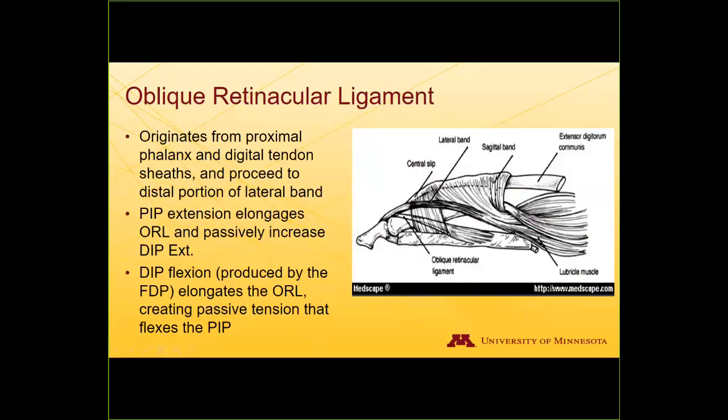Because of its line of pull, as the PIP joint moves into extension, it stretches and causes pull on the oblique retinacular ligament, which increases tension on the dorsum of the DIP joint. So it helps to extend the DIP joint when the PIP joint is also extending. It's a passive aid, so it basically helps the lumbrical and the interossei do their work.